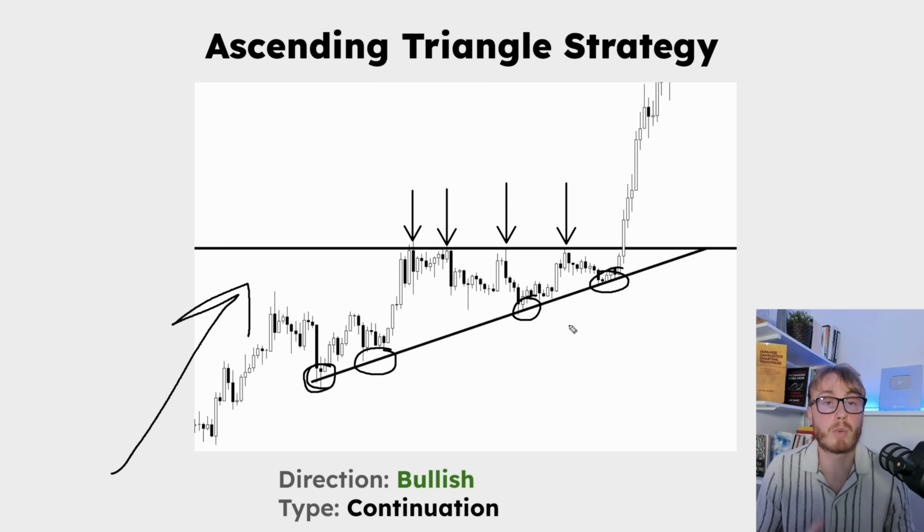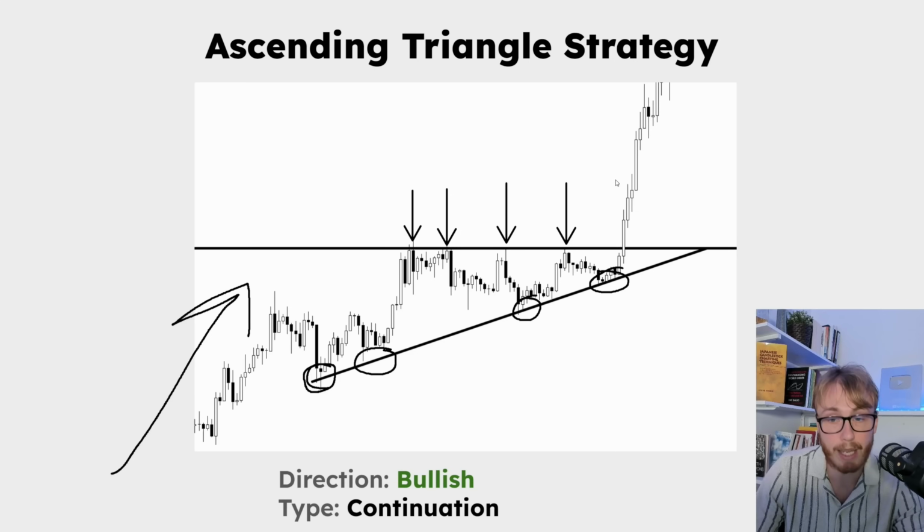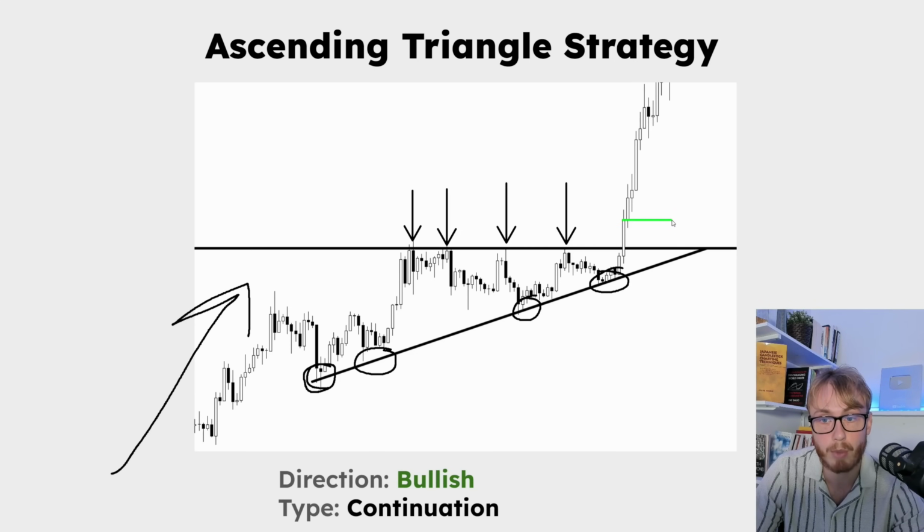And now you might of course wonder, how do we actually trade this pattern? Well, the most common way to enter this pattern is to enter on the breakout, or in other words, to enter on the candle close of the actual candle that breaks the pattern. The stop loss for this pattern is usually set below the most recent low before the breakout.